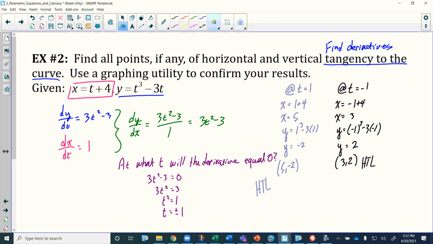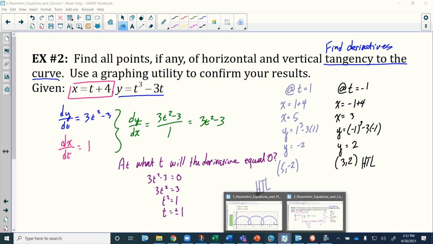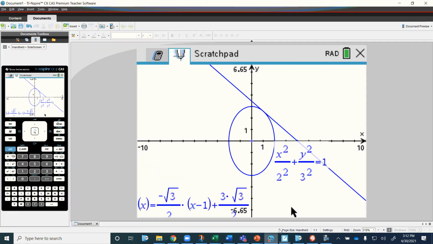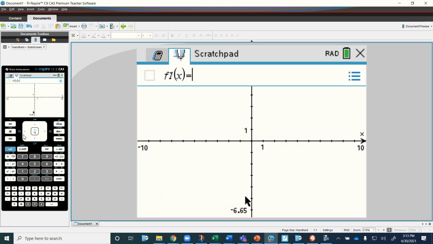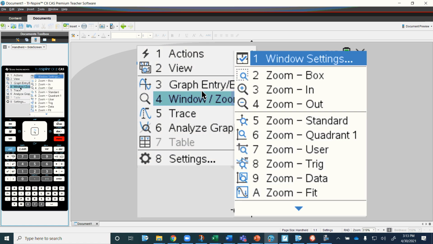And it's not asking us to write any equations or anything like that, but let's go ahead and see if we can actually graph the parametric function and see what we get. Let's go to the calculator. So let's clear this off and let's graph a parametric.